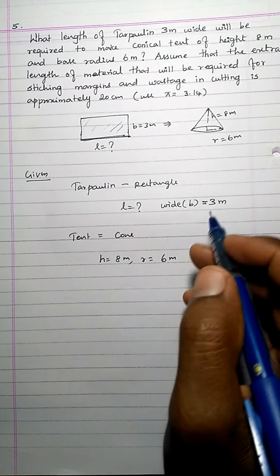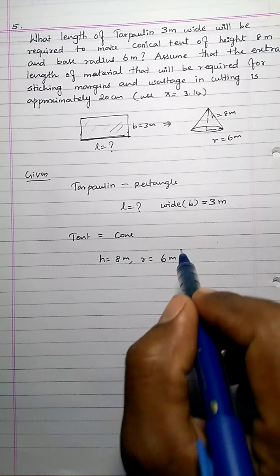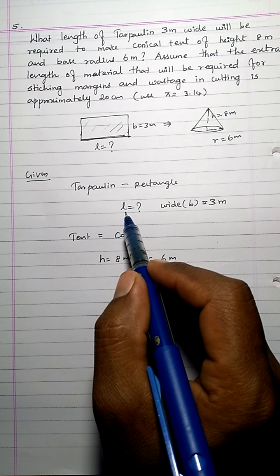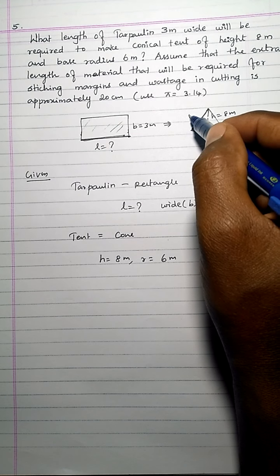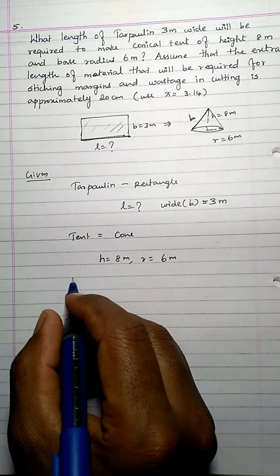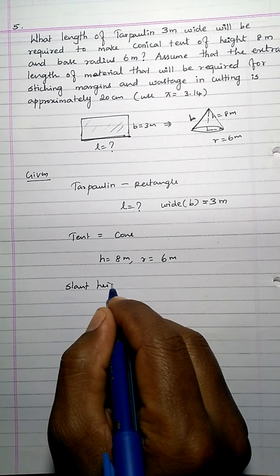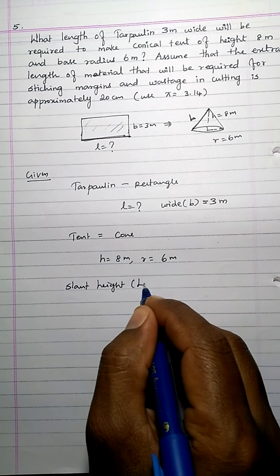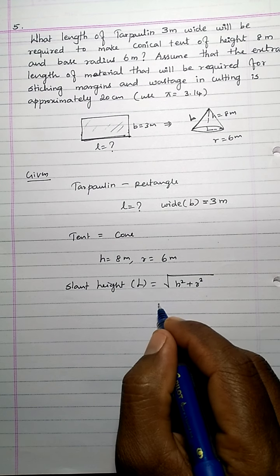So to find this curved surface area, we need to calculate the slant height. We can take the length of the tarpaulin as a small l, and when taking the cone's slant height, we will take a capital L to show the difference. Let's find the slant height. Slant height L is equal to, we know the formula, square root of h square plus r square.